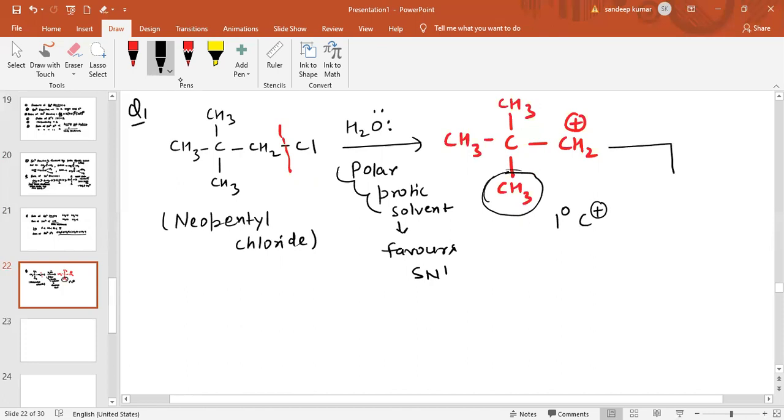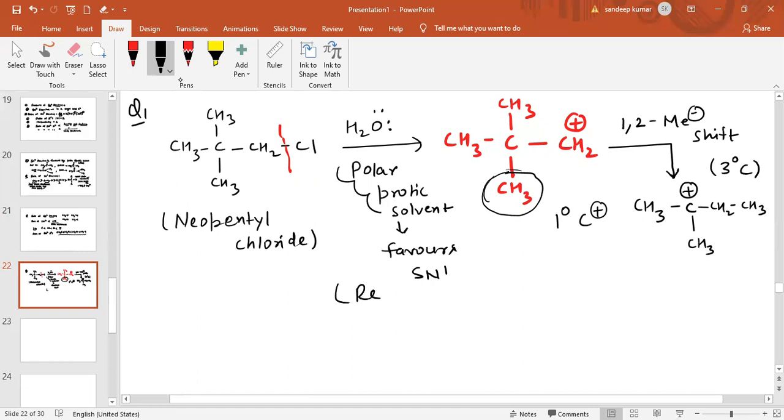So in the next step, we are going to do a 1,2 methyl shift. After the 1,2 methyl shift, this CH3, C positive, CH3, and CH2, CH3 carbocation is formed, which is a 3 degree carbocation.